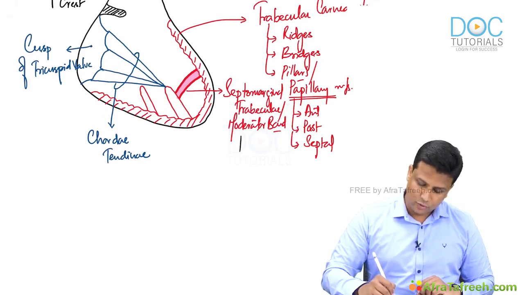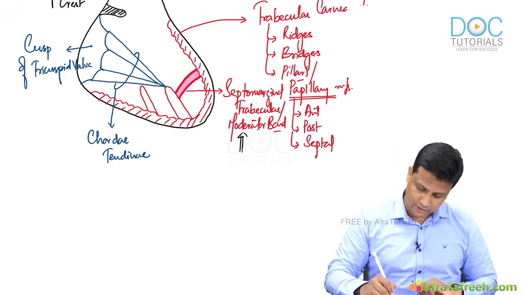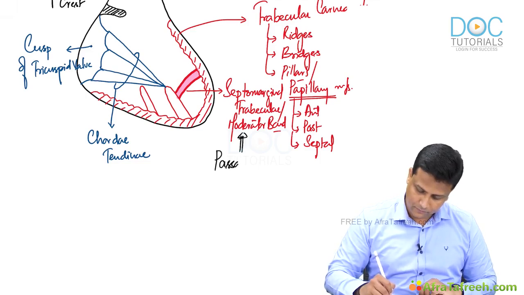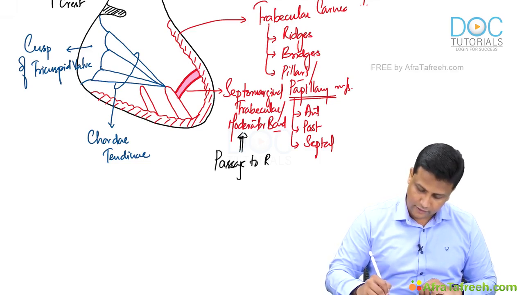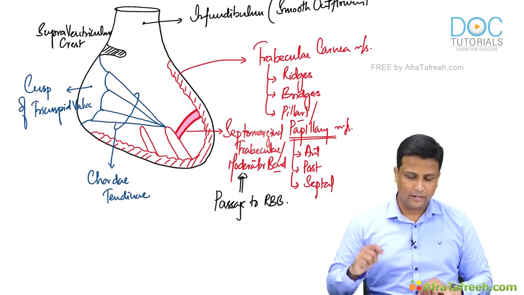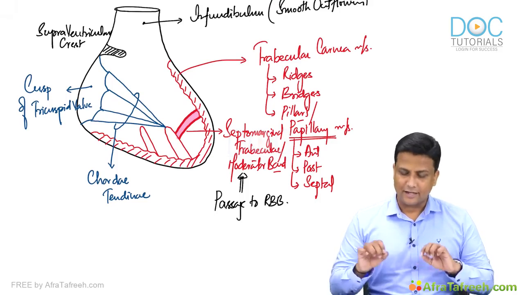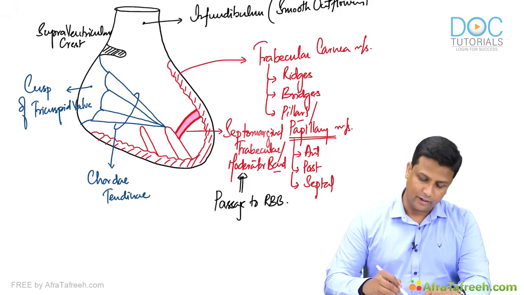The right bundle branch is actually passing through the septomarginal trabeculae. So, passage to the right bundle branch is via the moderator band or septomarginal band, guys. Understanding here? So, that is the clarity about all your trabeculae carneae muscles.